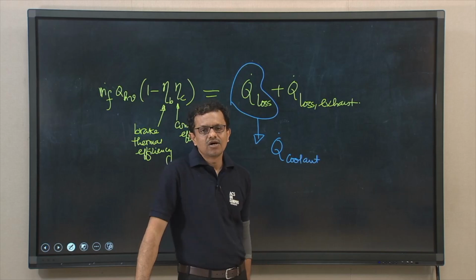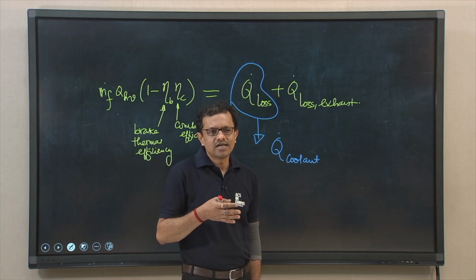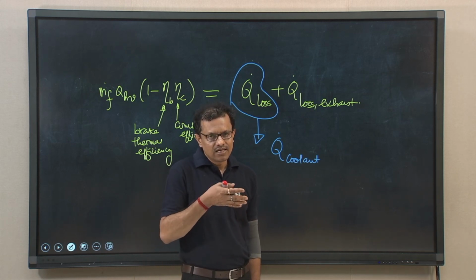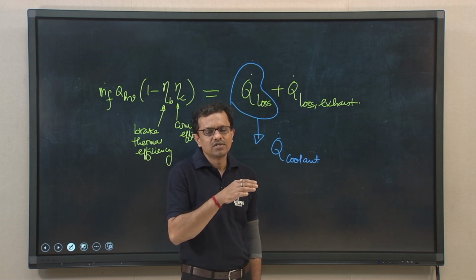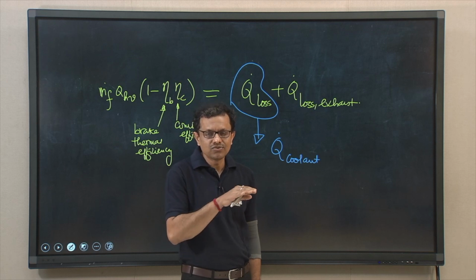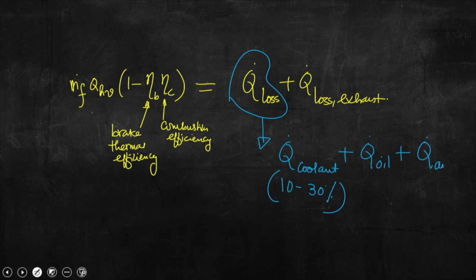If it is a water cooled engine, we need to supply water through cooling outer jacket, and that circulation of water carries or removes substantial part of energy from the combustion chamber or engine cylinder through the wall of the cylinder, and that part is basically 10 to 30%, that is what we have discussed, plus we have q dot oil, plus we have q dot ambient, right.